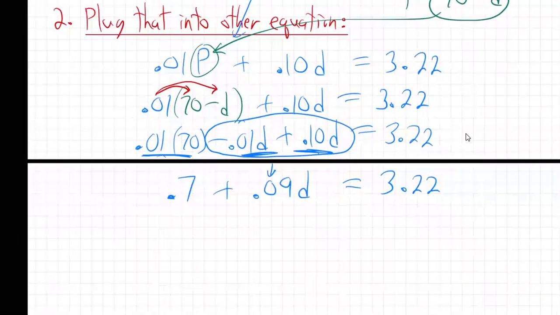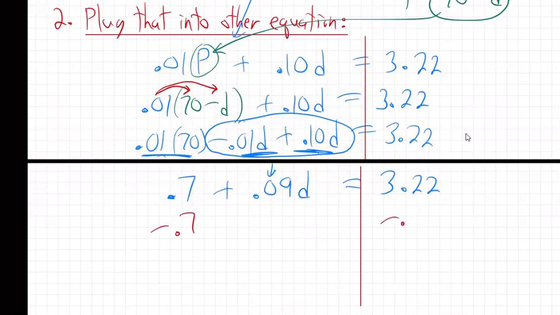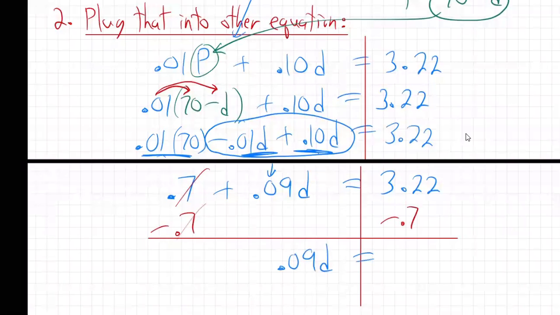Now we're trying to solve this equation for D. Here's the wall of separation. Trying to get D alone. So now we subtract 0.7 from both sides. And we get 0.09D equals, use your calculator over there, 3.22 minus 0.7.